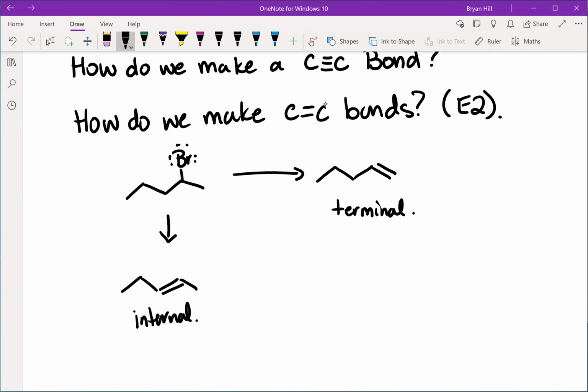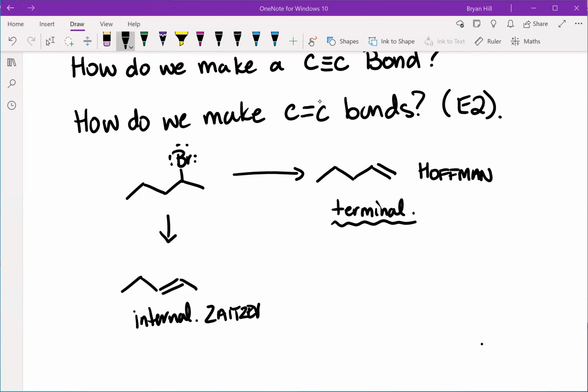Do we remember what type of base was good for the Hofmann elimination products, which would be this one? Bulky, right.